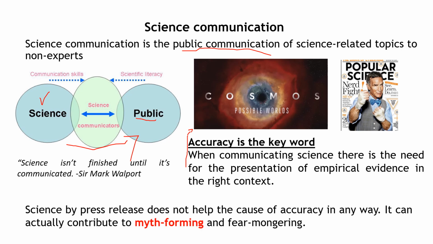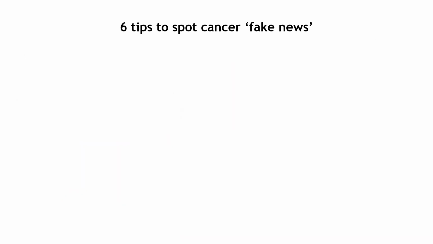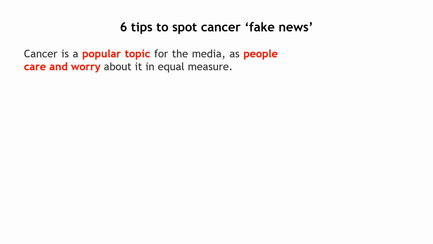So I'm going to show you an example of how a scientific article can turn into something completely different when it goes to the public. And why is it so important to talk about fake news and cancer? Because cancer is such a popular topic for the media, as people care and worry about family members going through that situation. As I told you, 1 out of 4 Canadians is expected to die of cancer, not when they are young, but when they are in their 80s, 90s, so very late.